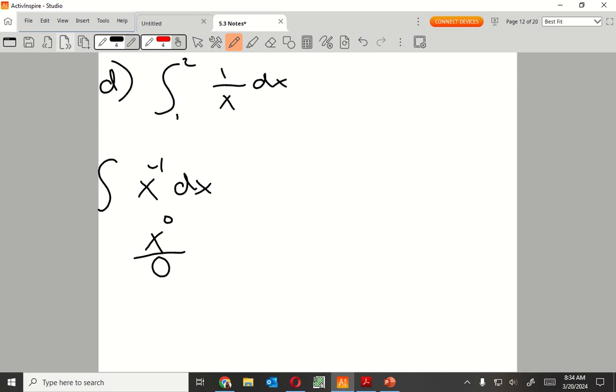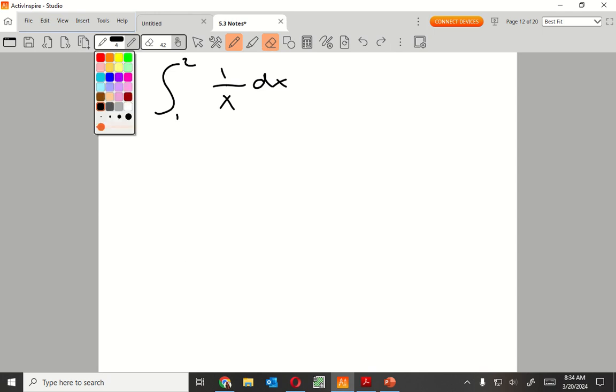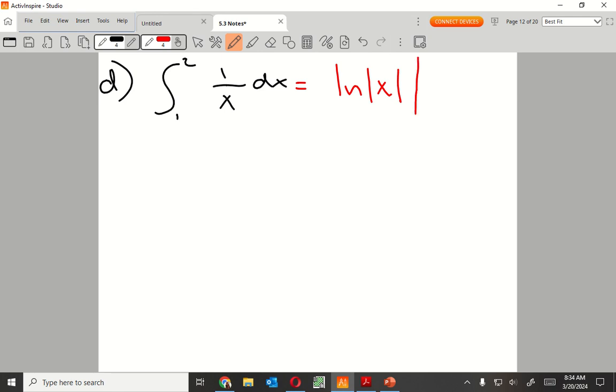So whenever you see just x by itself, 1 over x, the antiderivative of that should look somewhat familiar because we did do some of these when we did derivatives. We get, this is going to give me ln of x from 1 to 2. ln x, and yes, those are absolute value brackets.